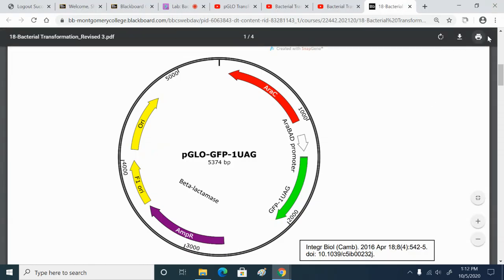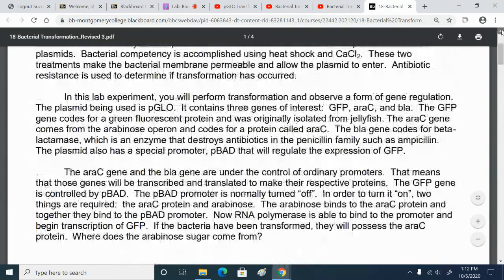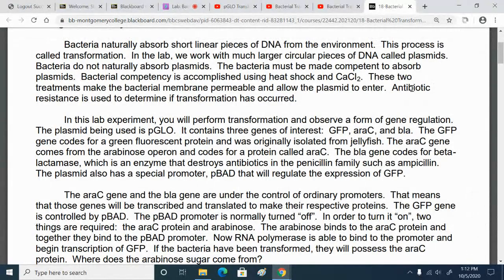Any questions so far? So the GFP is the only one without a promoter? Nope, all genes have promoters, but those promoters are ordinary promoters where the RNA polymerase can hop on and immediately start transcribing.